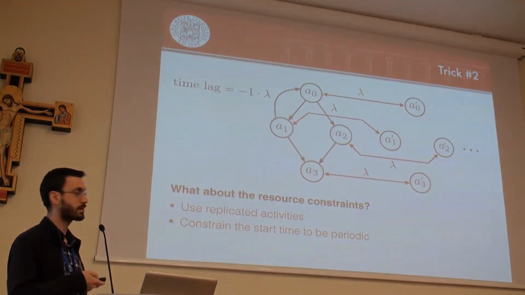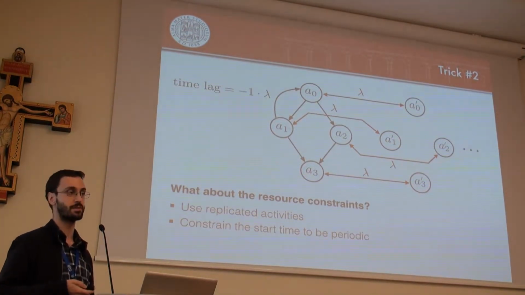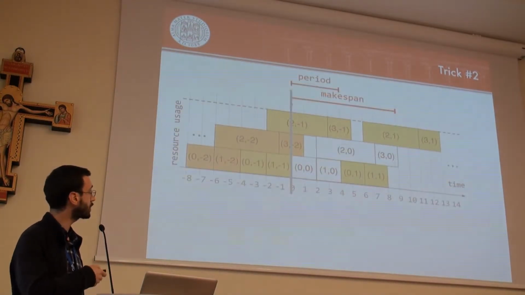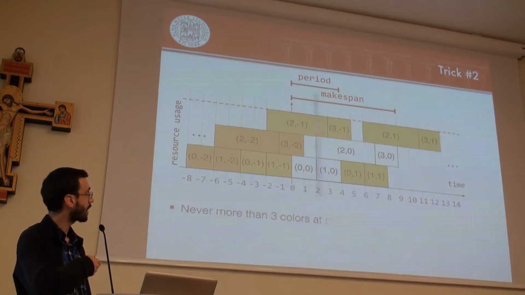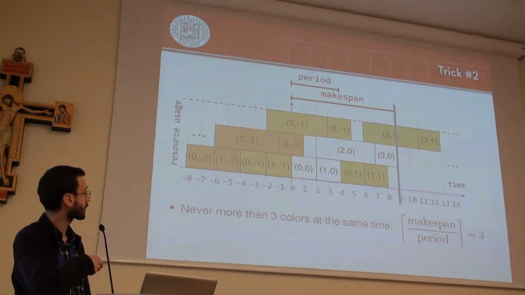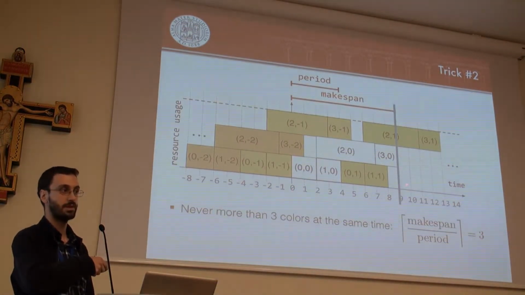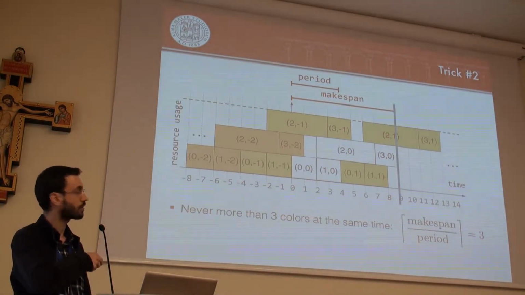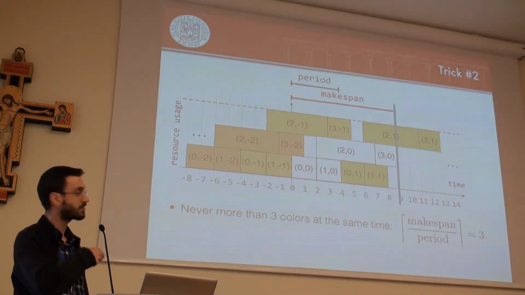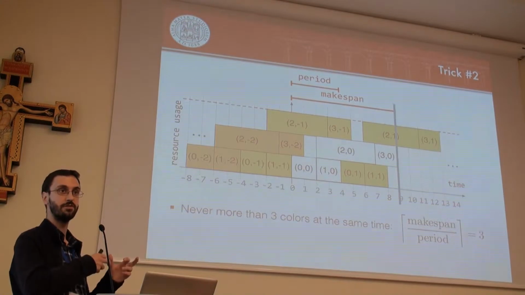The obvious question is, how many replicas should we make? At some point, we cannot have infinite replicas, right? So if we look at the periodic schedule, and we sweep the whole length of the makespan, we may notice, in this case for example, that we never have more than 3 colors at the same time. In these representations, the colors represent different executions, right? This means that we will never have more than 3 different executions overlapping in time.